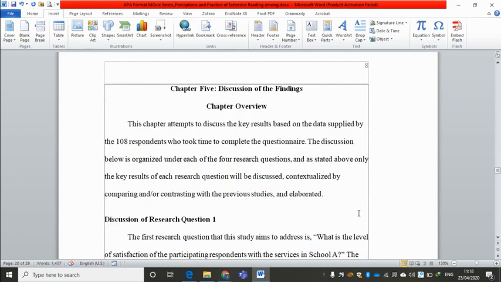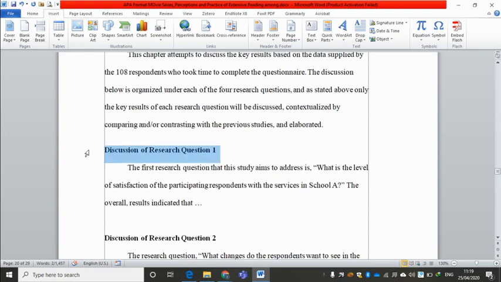So let's get started on how to organize heading levels for chapter 5, discussion of the results or discussion of the findings. So basically, as you can see, chapter 5, discussion of the results, is again heading level 1.